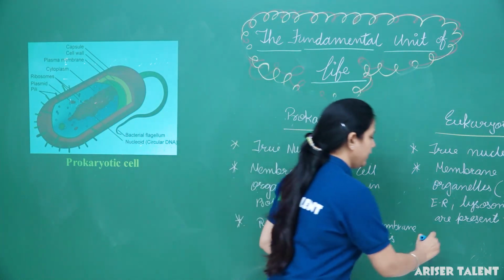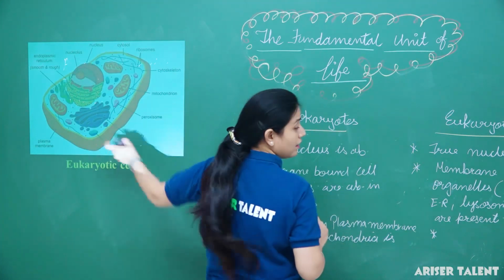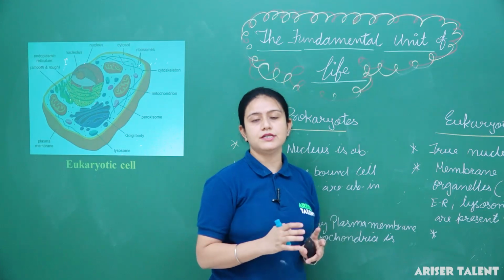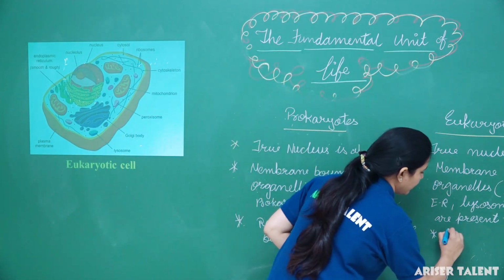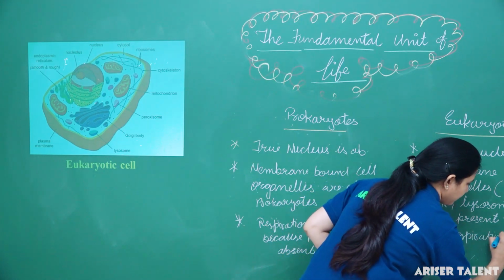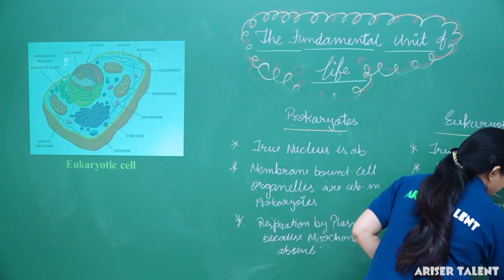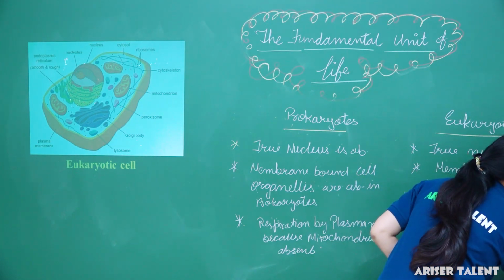Okay, and here in the eukaryotic cell, mitochondria is present. We can see mitochondria is present and it is responsible for the aerobic respiration. So, we can mention here respiration generally by respiration system, that is mitochondria.